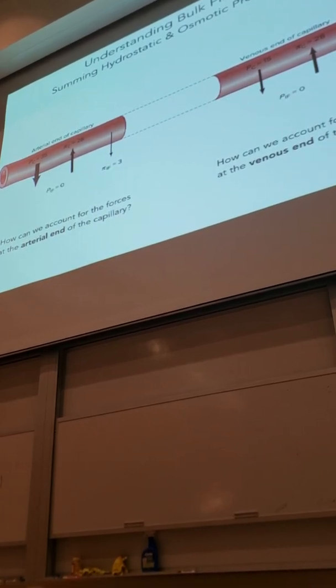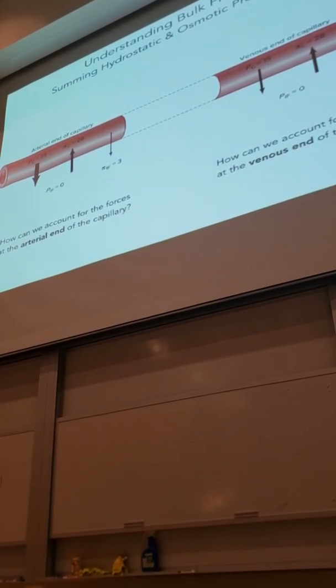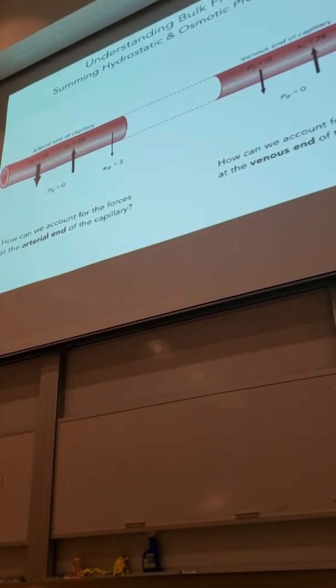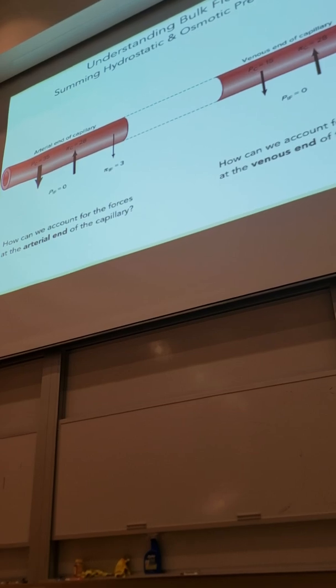So, if we're going to account for these things, how can we do it? If we want to say, let's just take the arterial end, how do we account for all these 4 different forces? How would we do that? It's math, people.